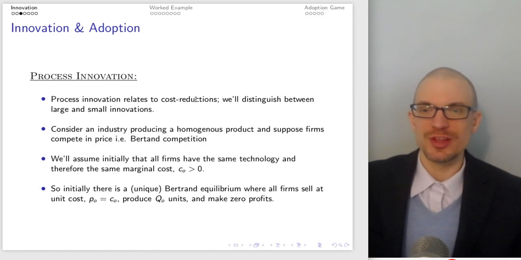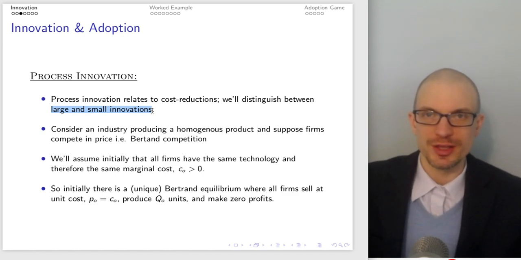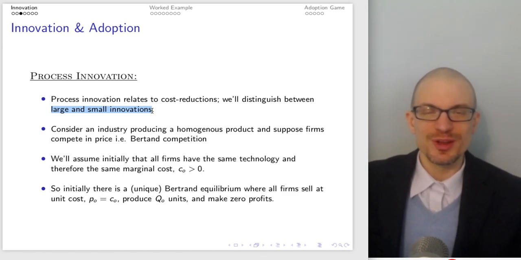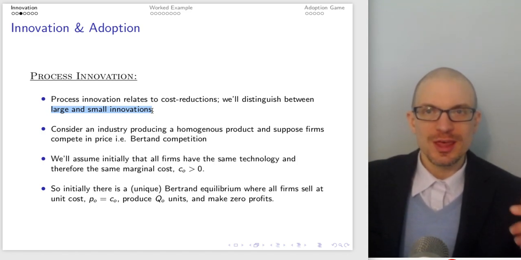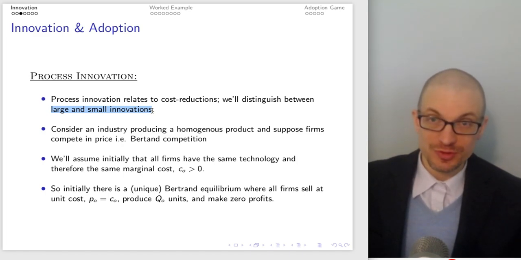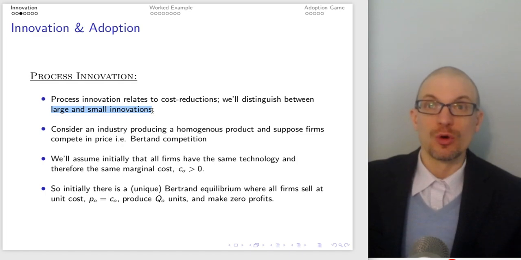Process innovation relates to cost reductions, and we make a further distinction between large and small innovation. How will you determine if there is a large or small innovation? Well, our definition is going to amount to this: after the innovation, is the firm able to set the single monopoly price, or will it be undercut if it does that, right?